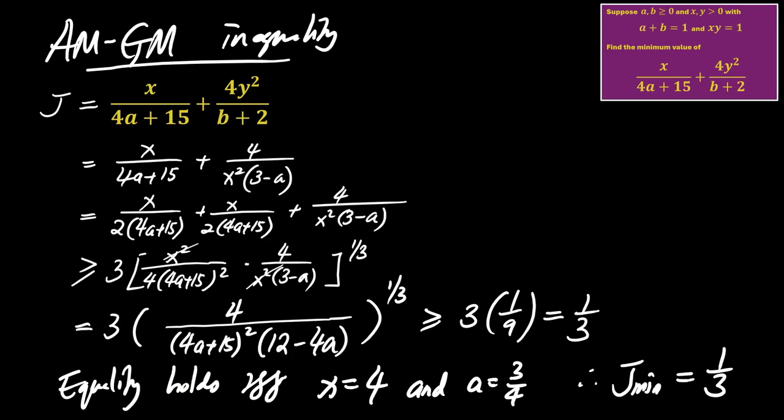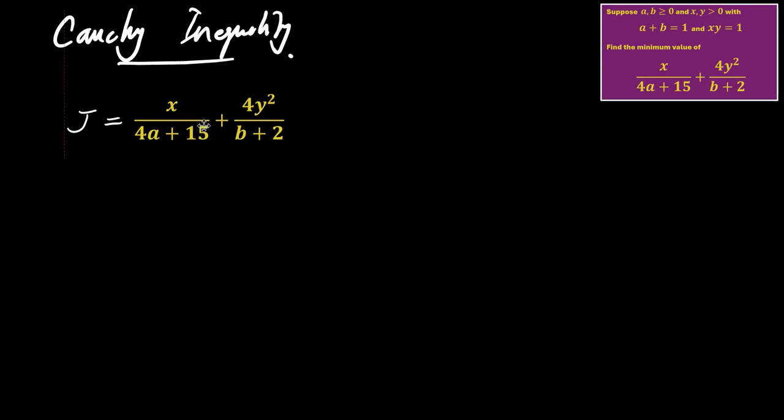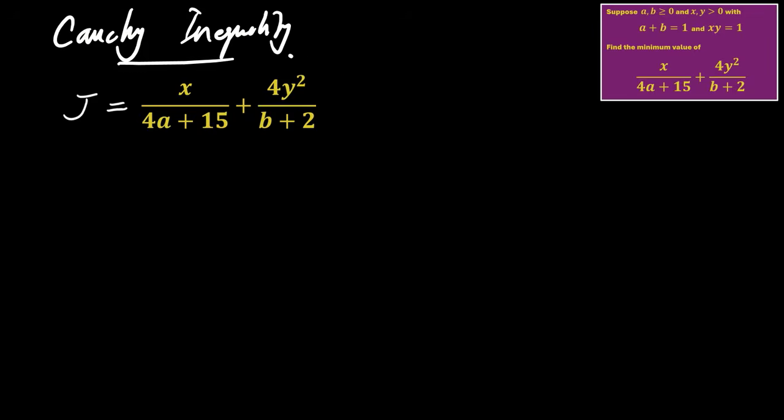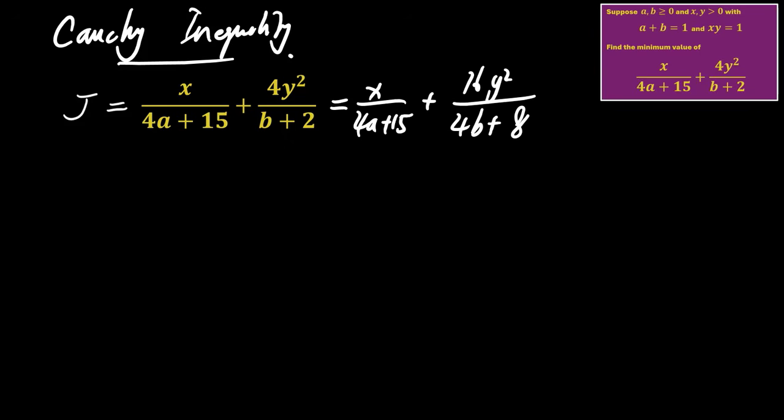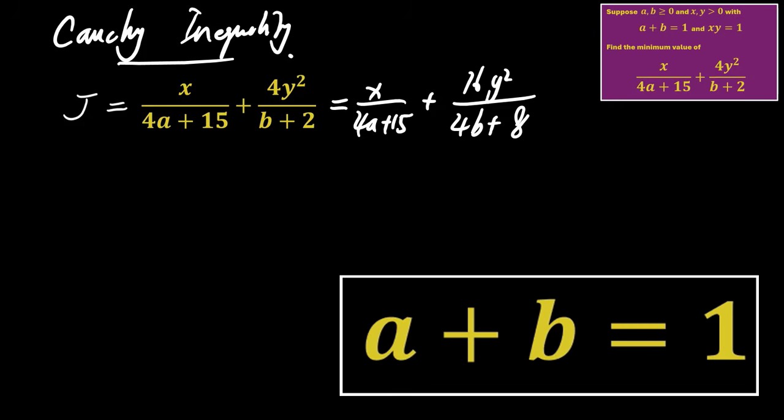So this is the end of the presentation using AM-GM inequality. Let's consider the method using Cauchy inequality. Again, this is J. We will write this as x over 4a plus 15 plus 16y squared over 4b plus 8, so that we can make use of the condition a plus b equals 1.